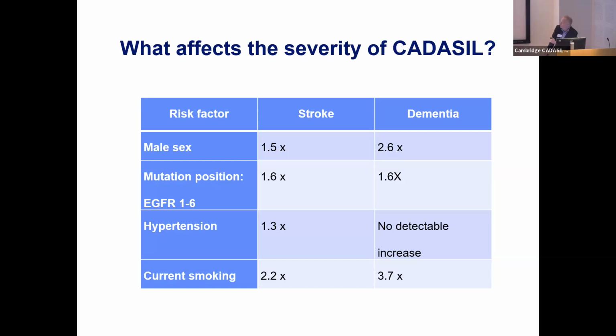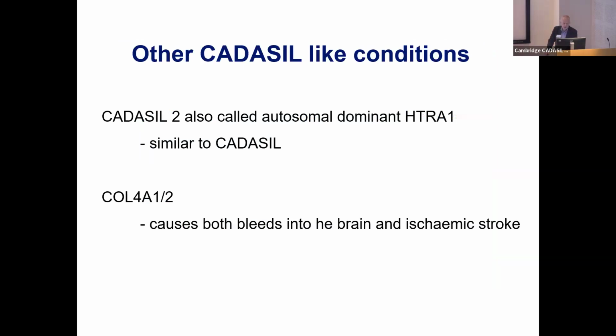We've talked about blood pressure. These numbers tell you the increased risk. So, that says 2.2 means if you smoke, you've got 2.2 times the risk of stroke. If you've got high blood pressure, you've got 1.3 times risk of stroke. The other thing on there is the position of the variant in the gene, and this is something that's been discovered maybe in the last 5 years or something.